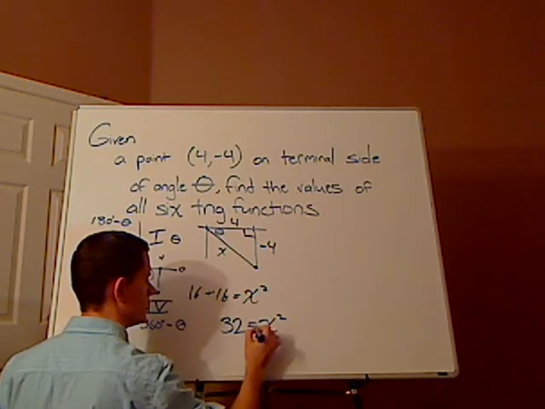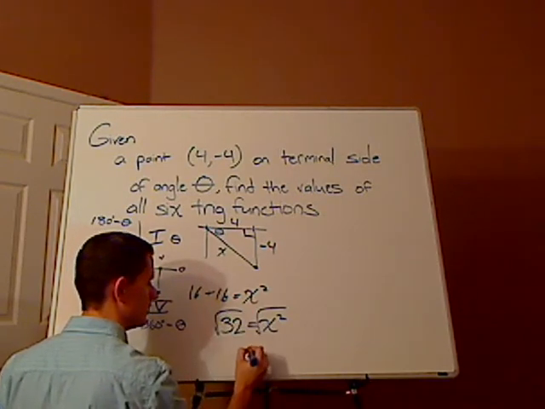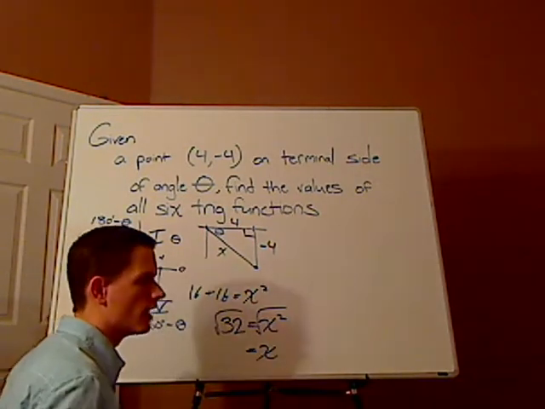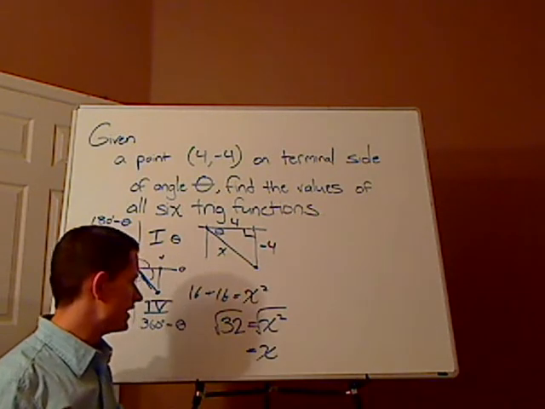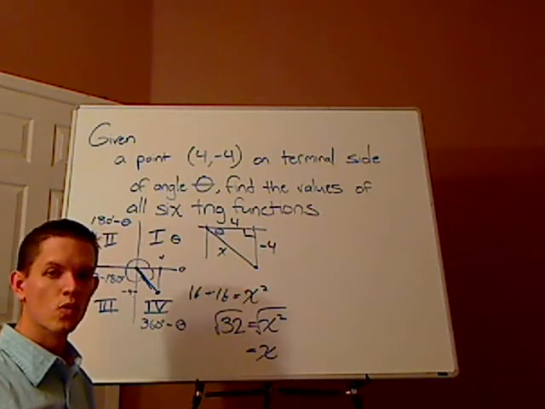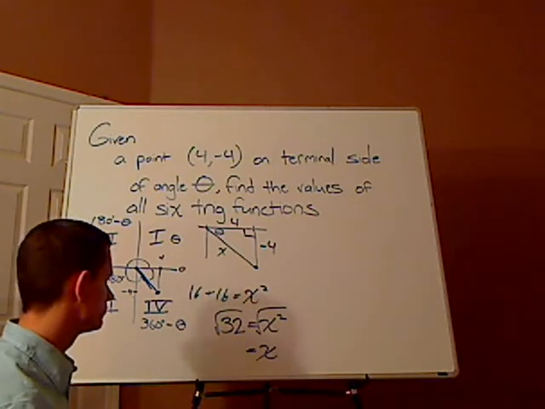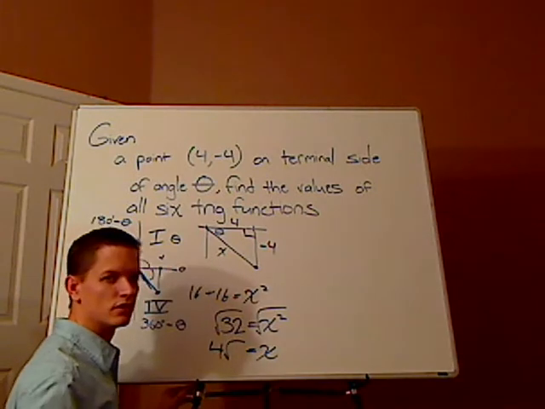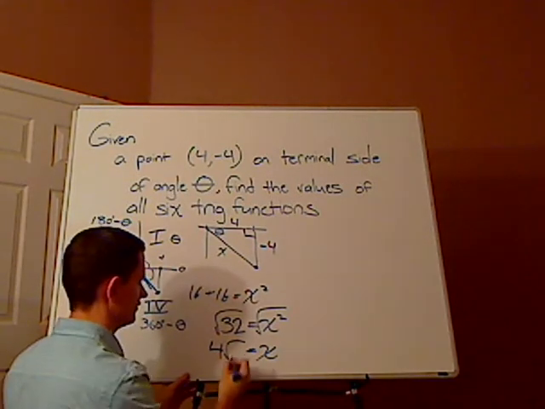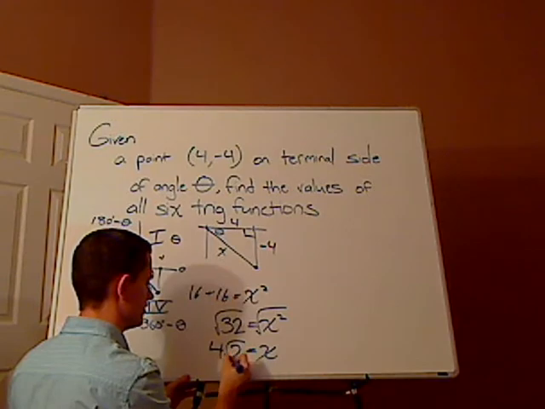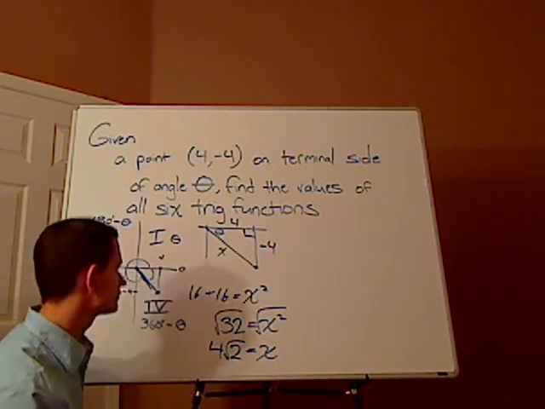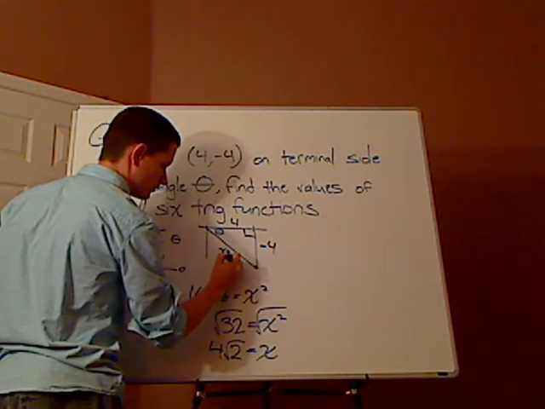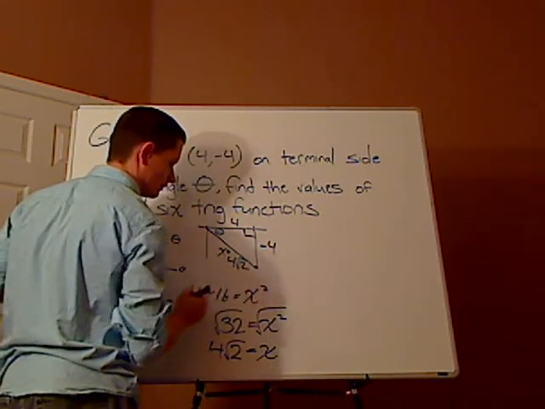You take the square root of each side. This is x, and this simplifies. You have 16 and 2. So what's the square root of 16? That's right, it's 4. And what's the square root of 2? Yeah, you can't do it. It's 1 point something, but you can't do it. So you just leave it as the square root of 2. So this is 4 square root of 2.